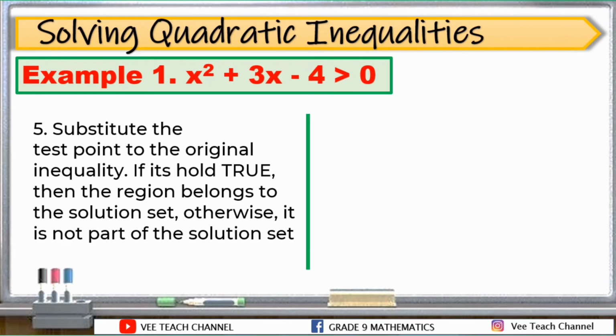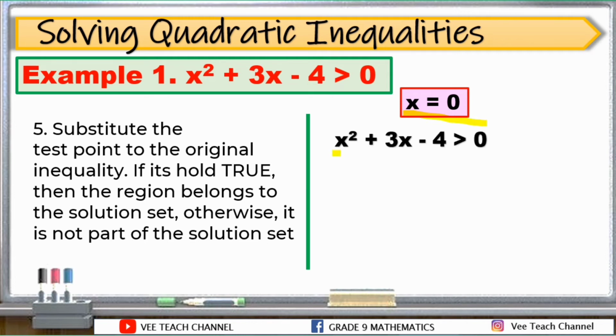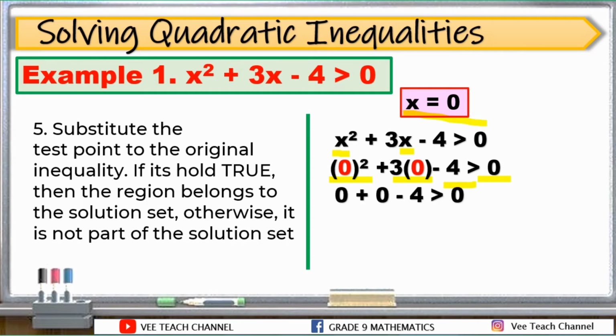Okay? Now, we have our second test point. Ang pangalawang ginamit natin or kinuha natin is 0. Again, just like what we did on x is equal to negative 5, we will substitute the value of x to our inequality. That's why we have this. Then simplify. 0 plus 0 minus 4 is greater than 0.